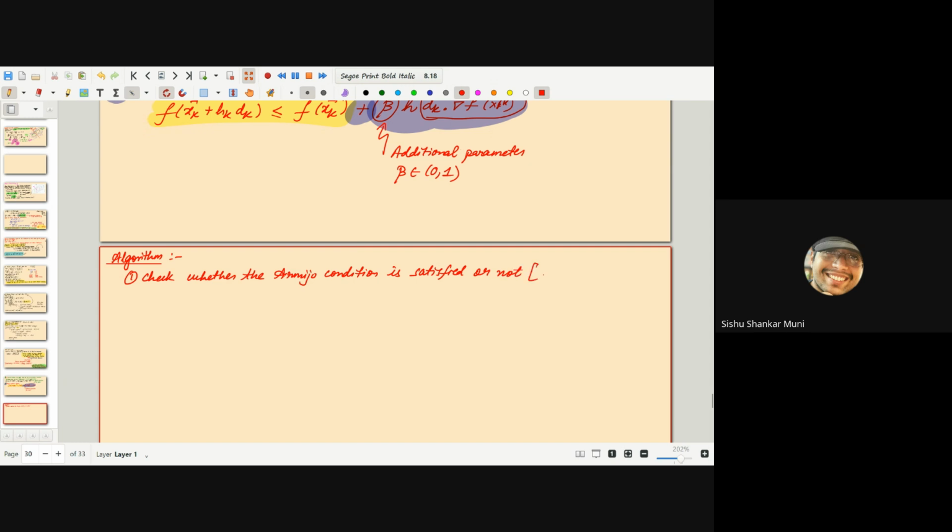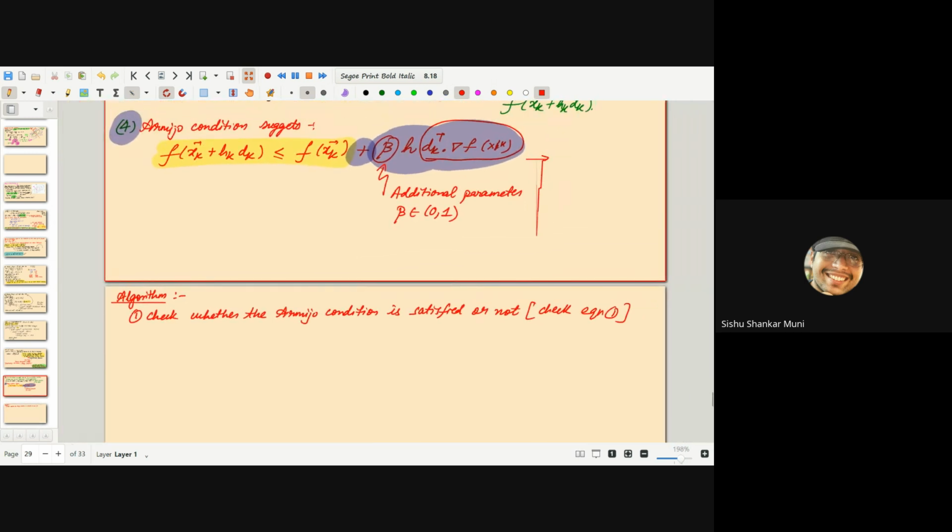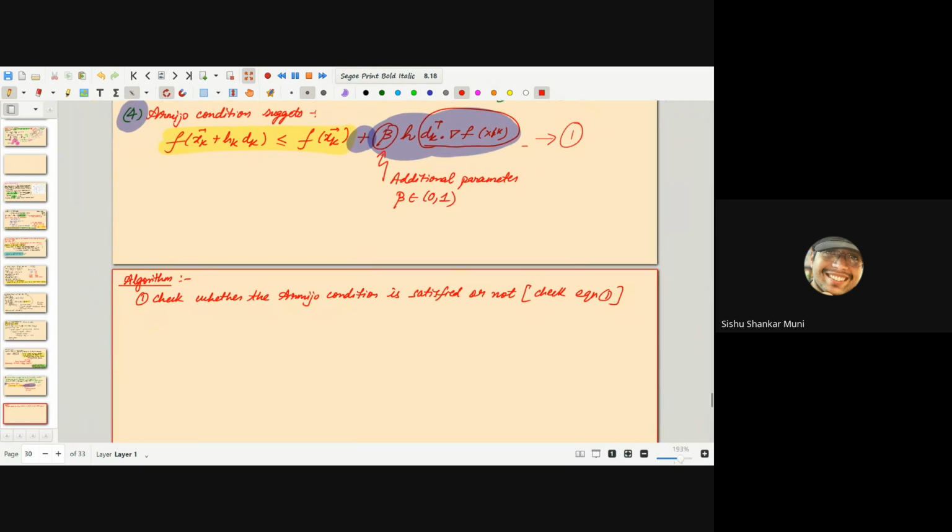That means check equation 1. Is it good? So check whether the Armijo condition is satisfied or not. That means check if the first equation is satisfied or not.